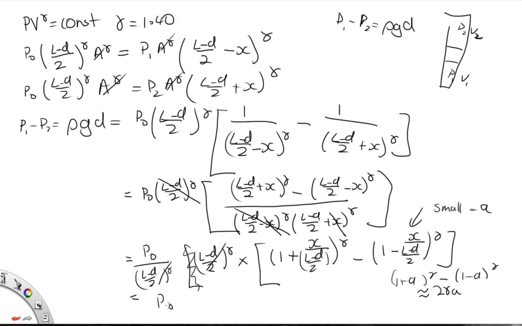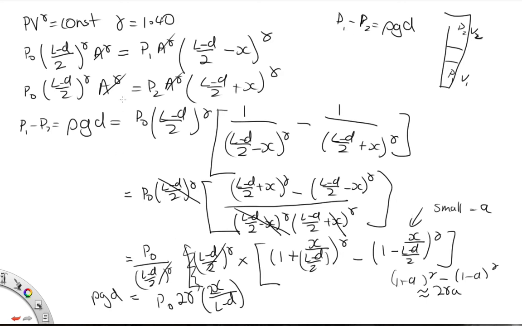So we've got P naught, and then we've got 2 gamma and A, which is x, over L minus D on 2. So let's put the 2 up there. Okay, now this is all equal to rho g d.